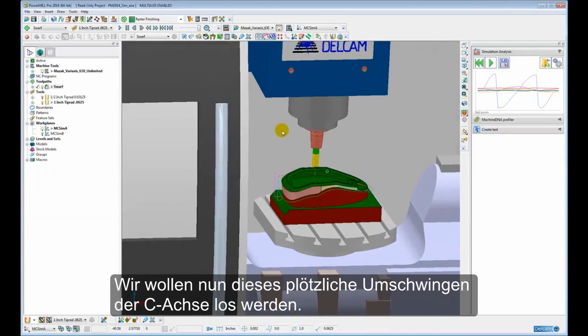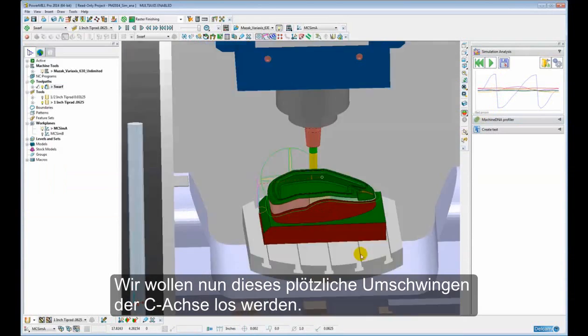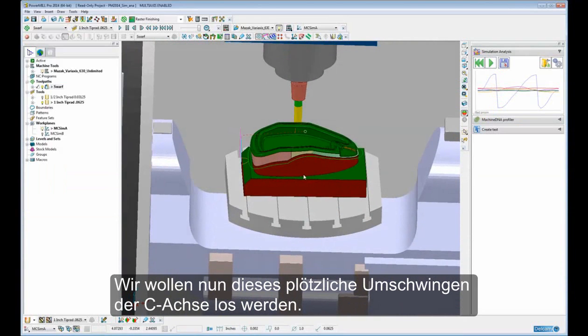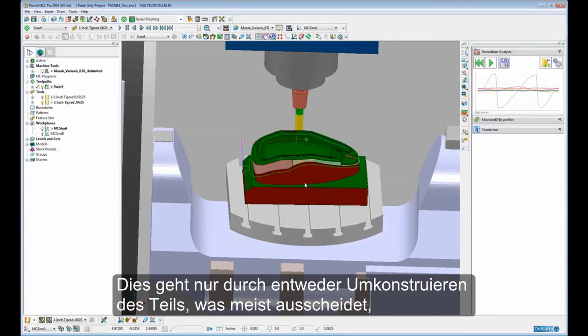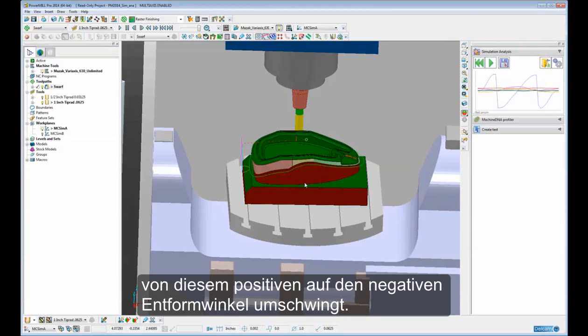So let's have a go at getting rid of this sudden swing in the C-axis. Now the only way to achieve that would be either to remodel the part, which obviously is not possible in a lot of cases, or to reorientate the part on the table so it doesn't go from this positive to negative draft angle.